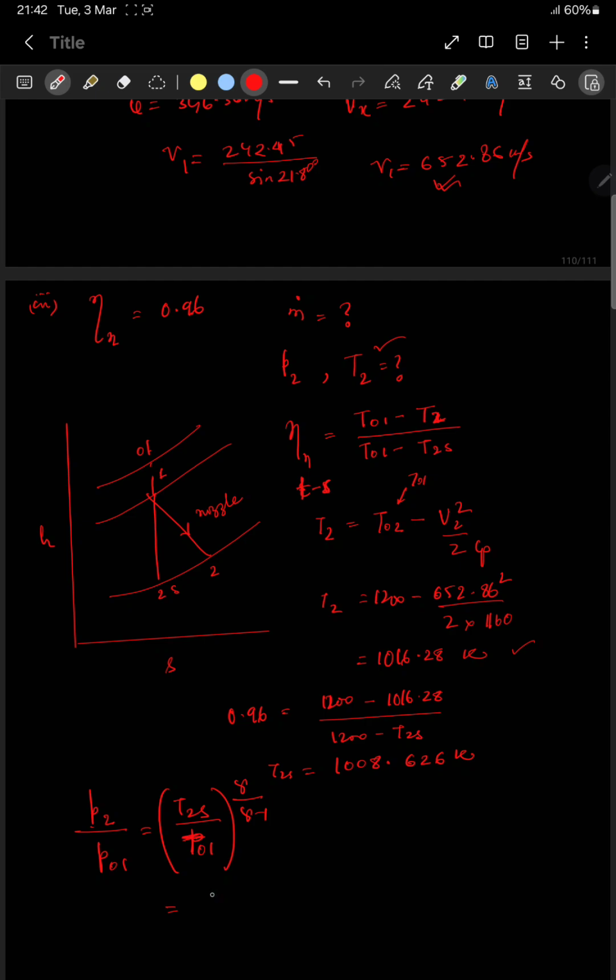How much is T2s? 1008.626 divided by T01, 1200, to the power of 0.33, gives P2 by P01.